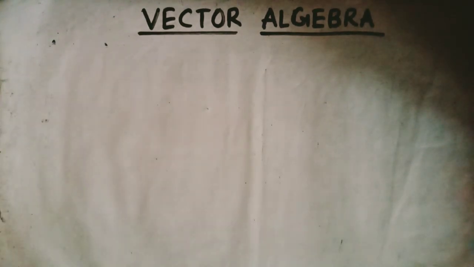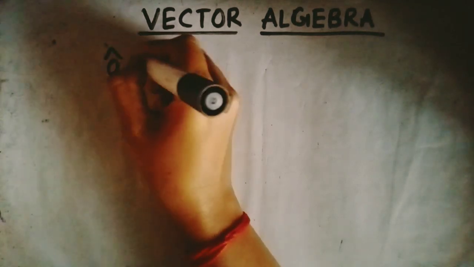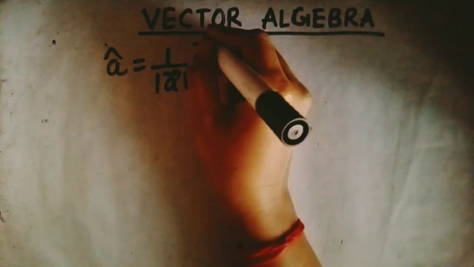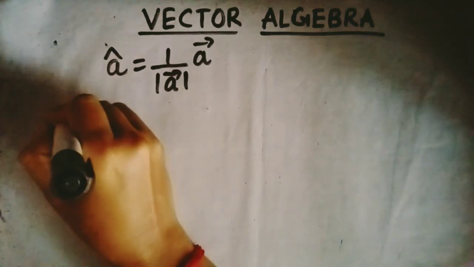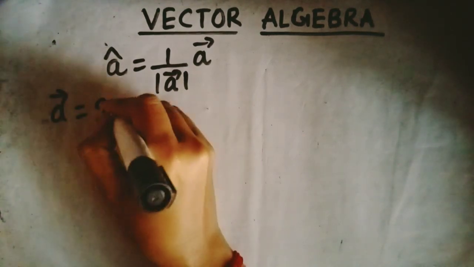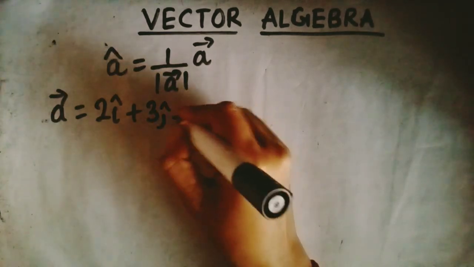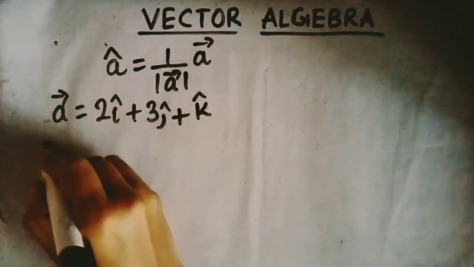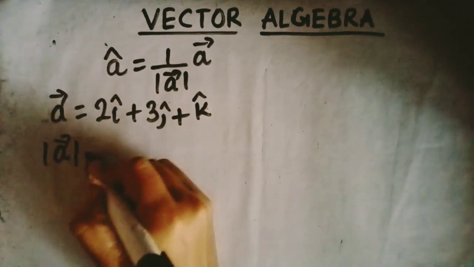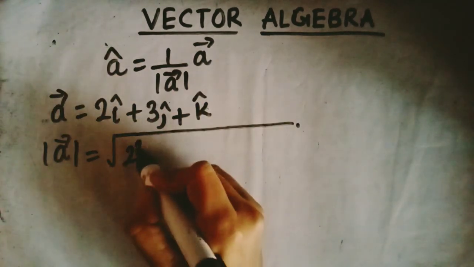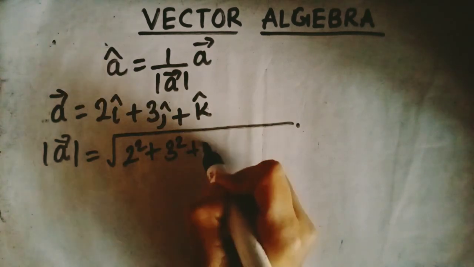Next question is find the unit vector in the direction of the vector. So unit vector, we have seen how we write. Unit vector is given by 1 upon magnitude of a into a vector, right? So here a vector is given as 2i plus 3j plus k. Okay, so its magnitude, how do we find? That is root of 2 square plus 3 square plus 1 square, right?